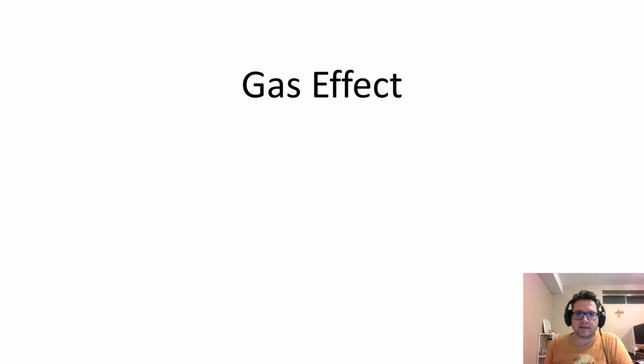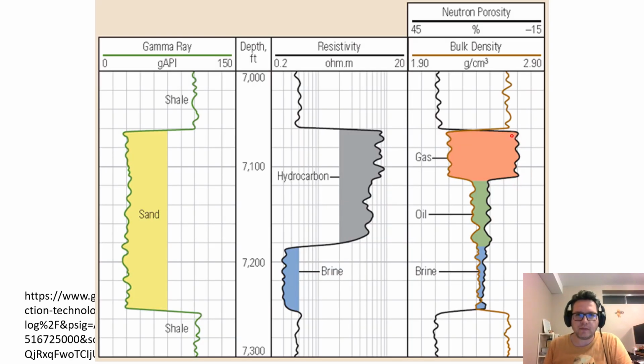Now for gas effect. Gas effect occurs when we have a big separation between the neutron porosity and the density curves, because the density will read the rock with gas as having less density, for obvious reasons, and neutron porosity will read less free hydrogens in that same rock.